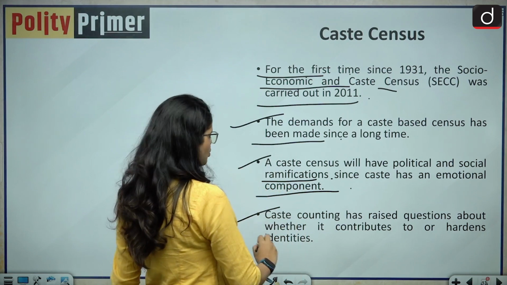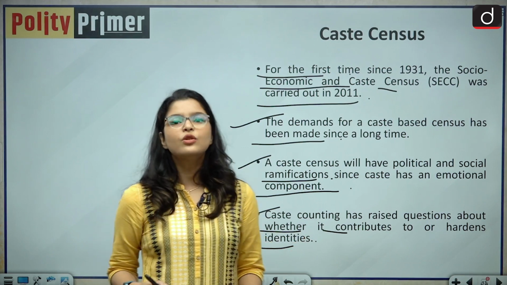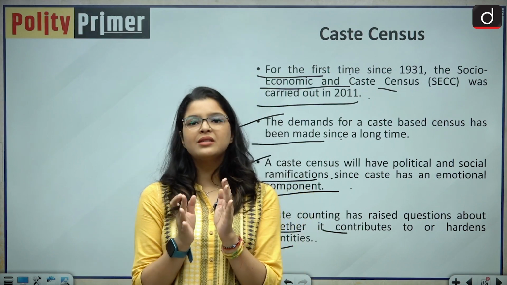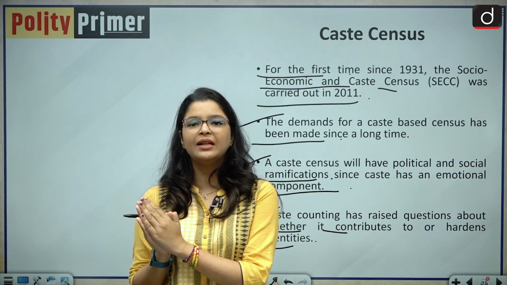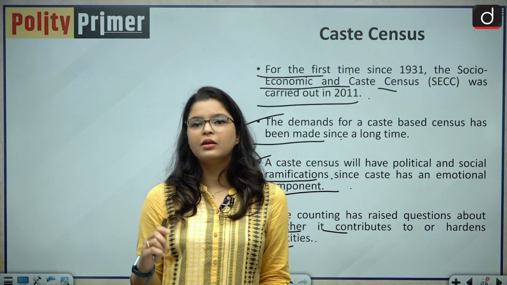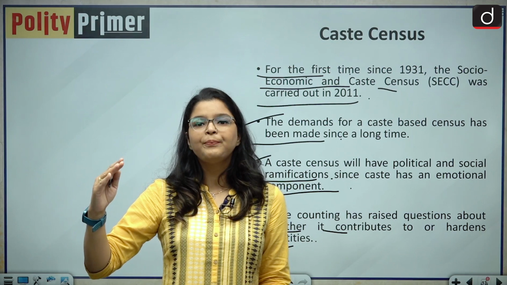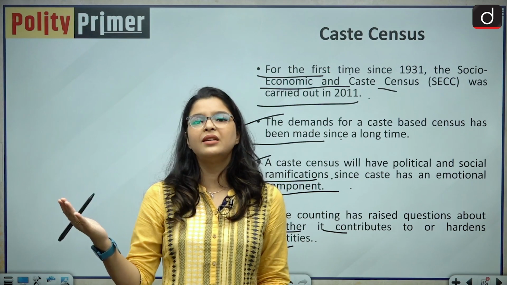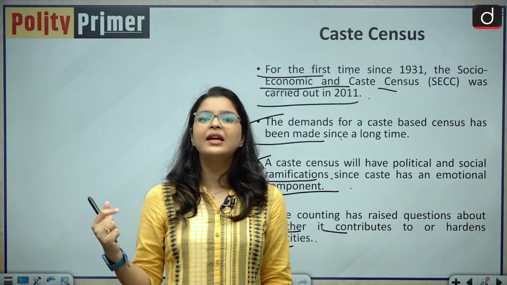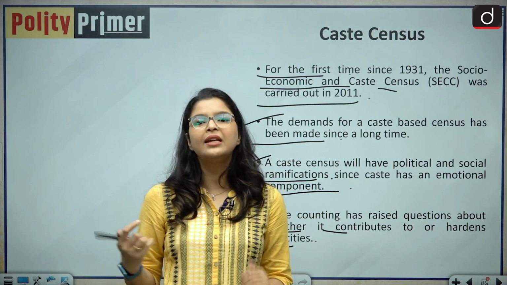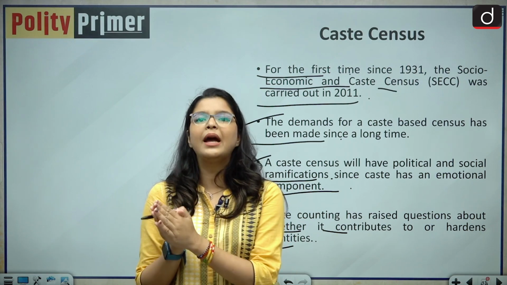Caste counting has raised questions about whether it contributes to or hardens identities. The government's contention is that if a caste-based census is conducted, it will publish the relevant figures, and if the majority group has grown, they will demand their own rights, and if the minority groups have grown, they will demand their own set of rights, and it will definitely create a rift between the majority and minority groups.